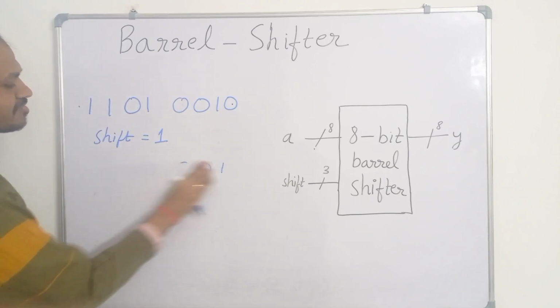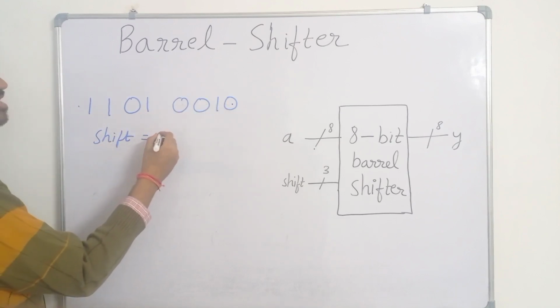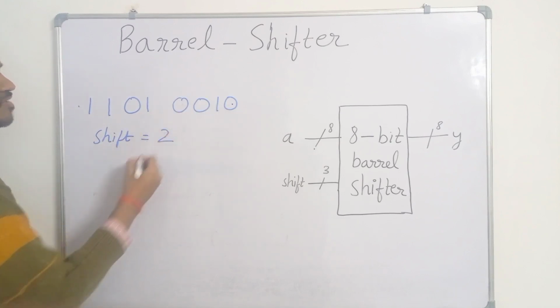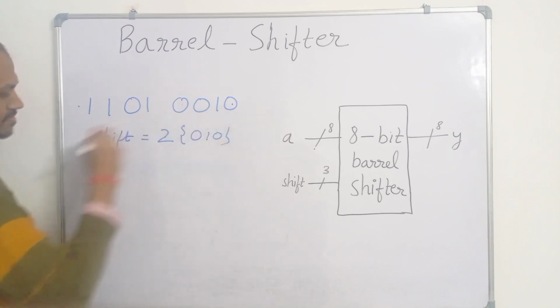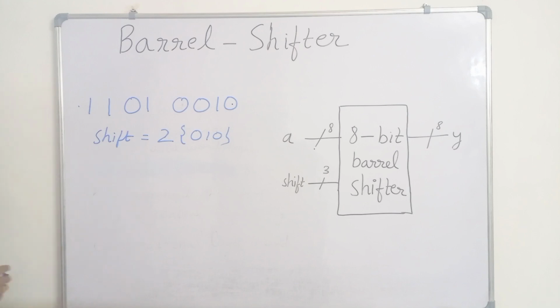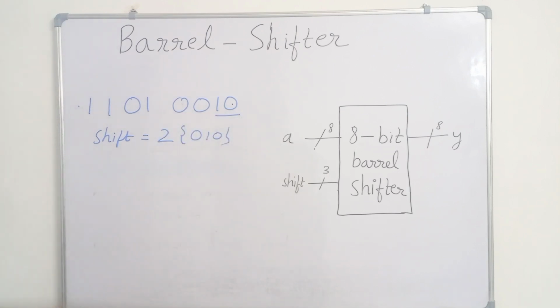Suppose this was the same input and the shift was equal to 2, written as 0, 1, 0. Then these two bits will shift.